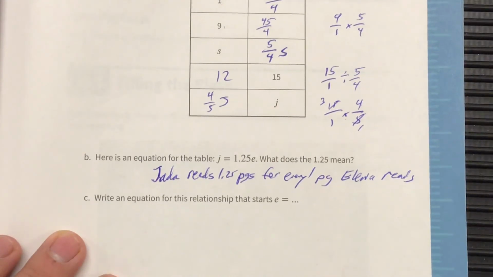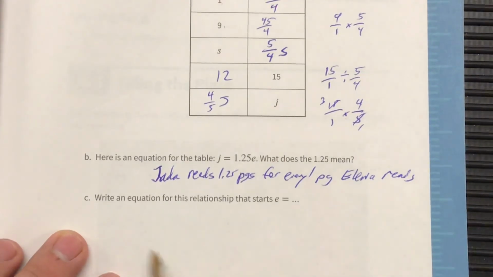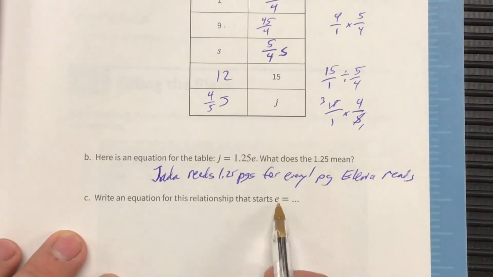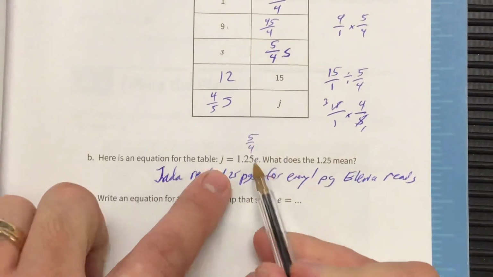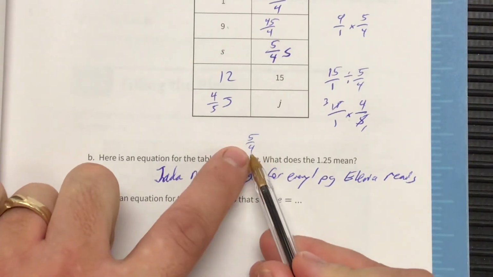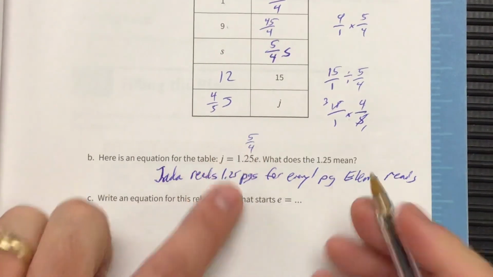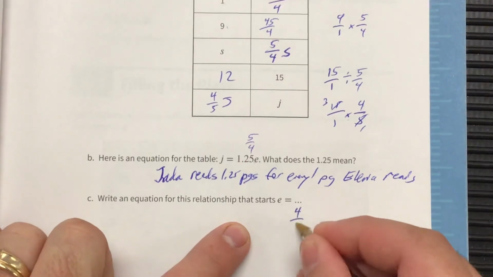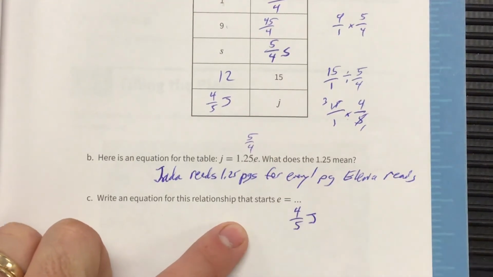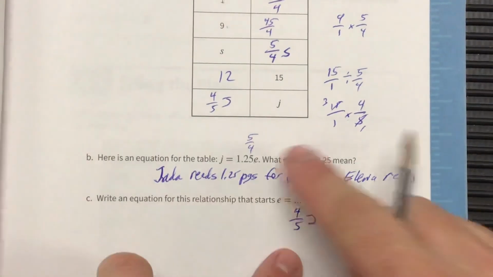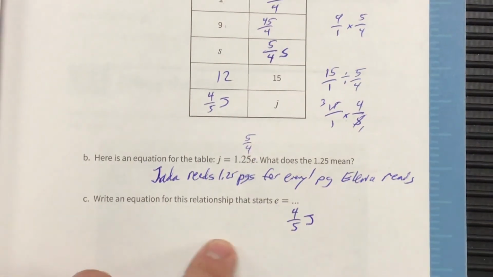All right, last question. Write an equation for the relationship that starts with E. Okay, so remember this is 5 over 4, and I'm switching the variables. What does that do to this number? Flips it, right? Another reason why I prefer the fraction over the decimal. So I switch the variables, and I reciprocal the fraction.